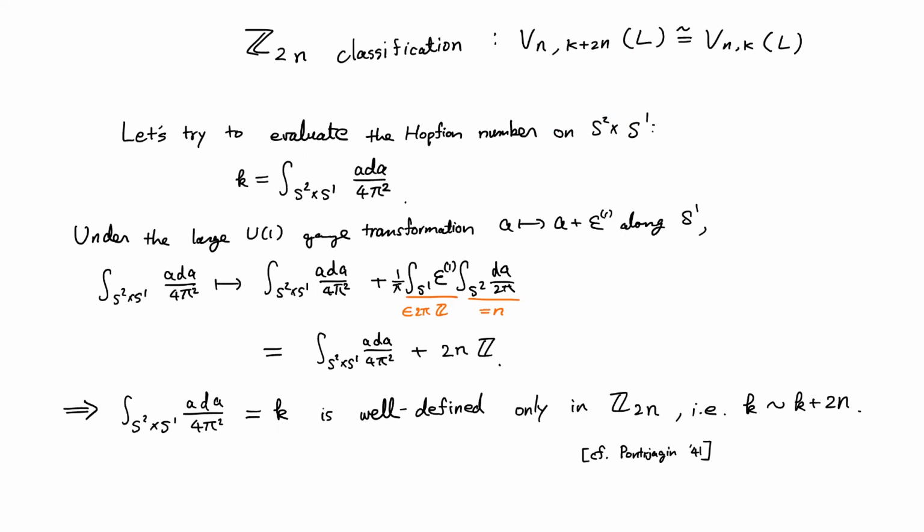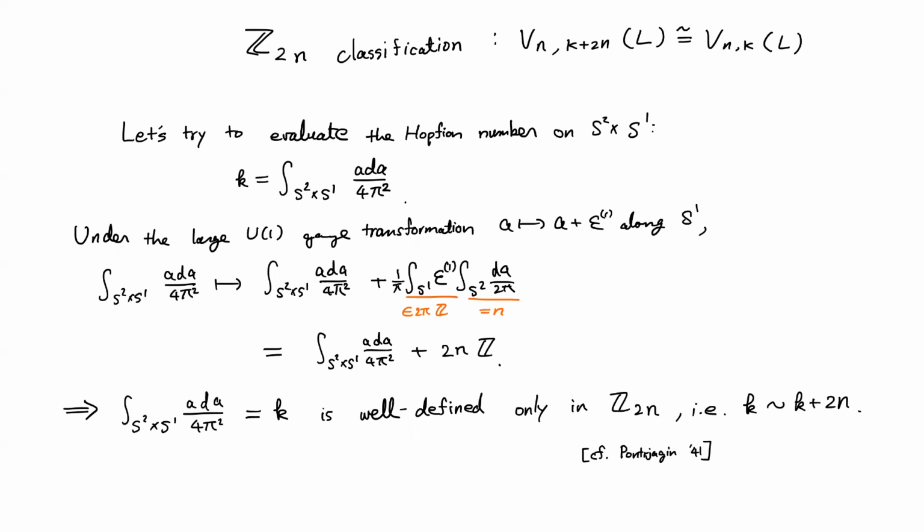In order to see it, let's try to evaluate the Hopf number on this S2 times S1, given this formula. Although this seems to be well defined as an integer, it is actually not, because if we consider the U(1) large gauge transformation along this S1 direction, then this Chern-Simons integral gets an extra contribution because of this large gauge transformation.